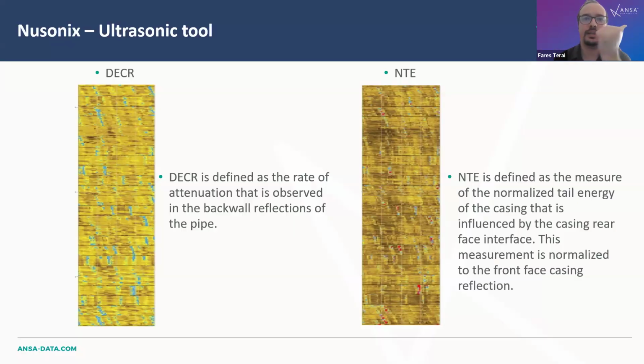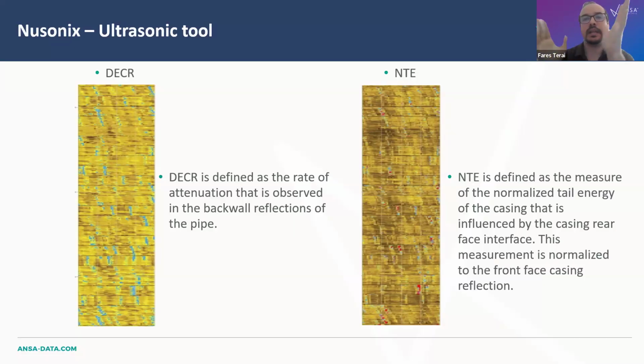On the opposite side, on the left-hand side, is the Decay map, which is the other option that the Nusonix tool gives us, which allows the tool to stand out from the competition. It is defined as the rate of attenuation that's observed in the back wall reflection of the casing.